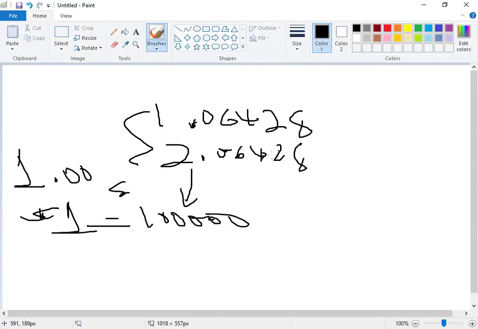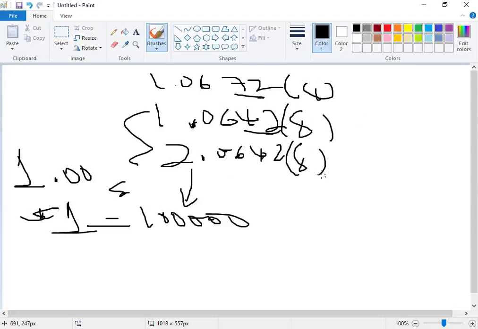So what if the euro only moved, let's say, well, remember this is your fraction, right? Let's say it went from 1.0642 to 1.0672. I'll put that 8 in brackets here. So from 42 it went to 72. How many pips is that? That's 30 pips. Okay, well, what's that worth? Well, this number here is worth $10,000.